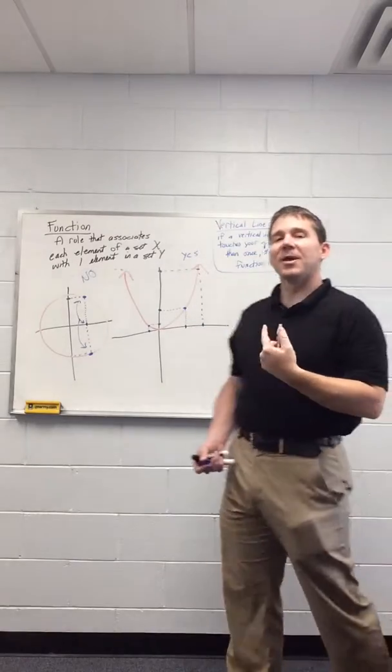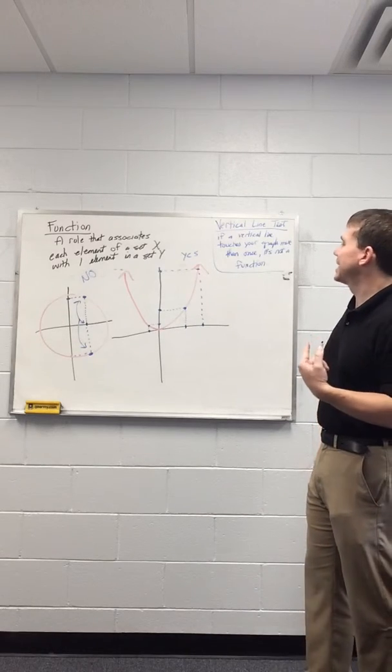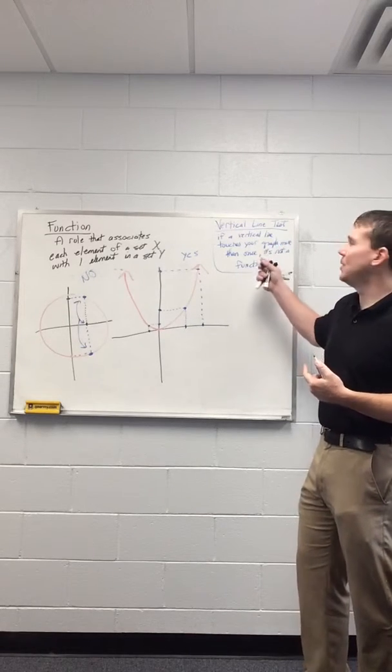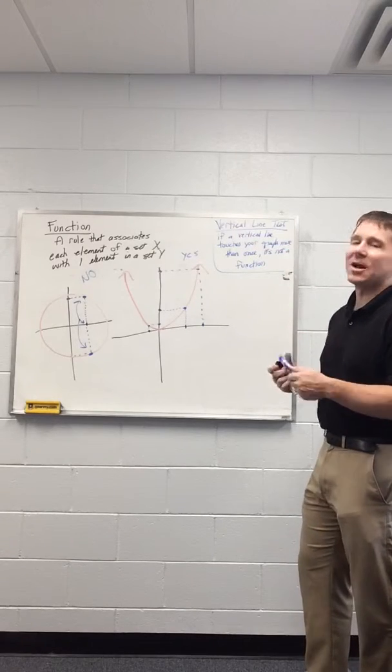There are different algebraic tests to determine if something is a function, but for the purposes of this class, this is pretty much what we're going to use right here. If a vertical line touches your graph more than once, it's not a function.